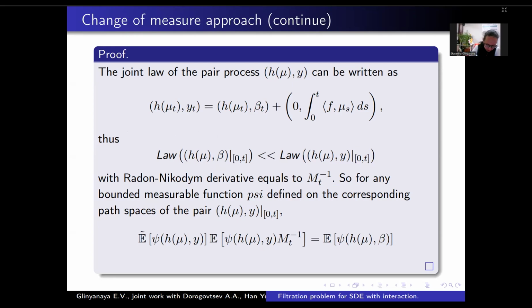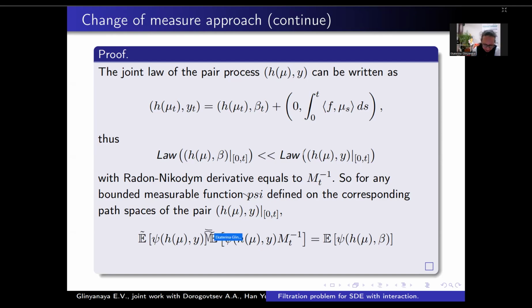So now if I take a function psi, which is defined on the space of trajectories, then here it is equal.